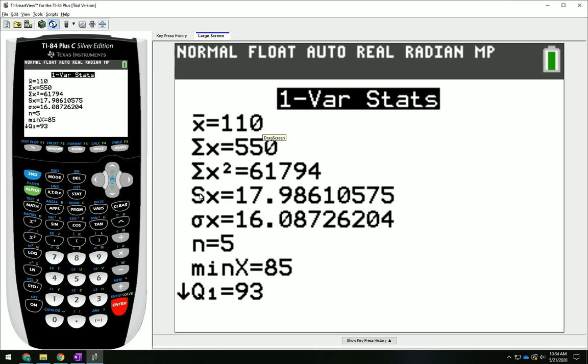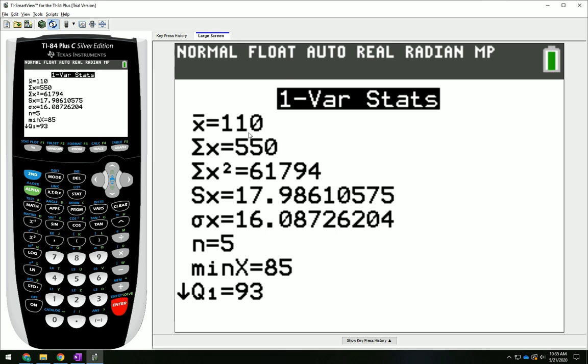We do need to notice that the calculator is making a distinction. There's one value we would write down if we were looking for the sample standard deviation, and a completely separate value that we would write down if we wanted a population standard deviation. This is why it's so important to know which of these values you're looking for. And of course, in our example, we know we were looking for the sample value.